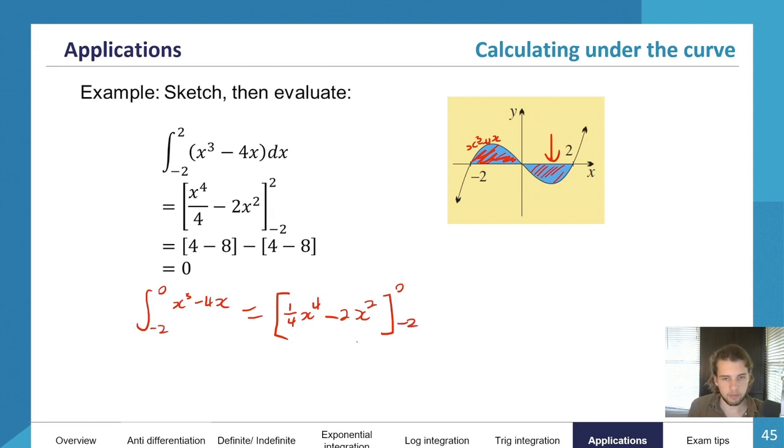0 to minus 2 there. So if I substitute 0 in, that's going to be nothing. So I'm going to say 0, and then minus the second value we substitute in. So we have 1 over 4, then minus 2 to the power of 4, minus 2, then minus 2 to the power of 2.